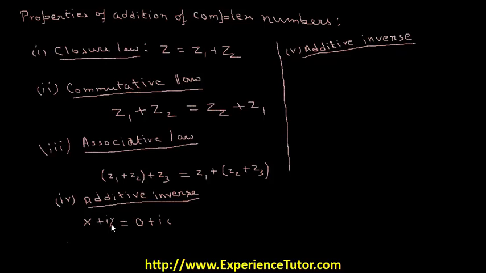So if we have z equal to a plus ib, then we can say that additive inverse of z, or we can say minus z, is minus a minus i b. This is also known as negative of z.